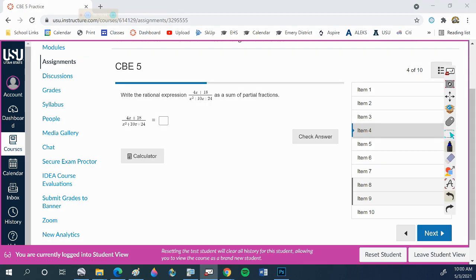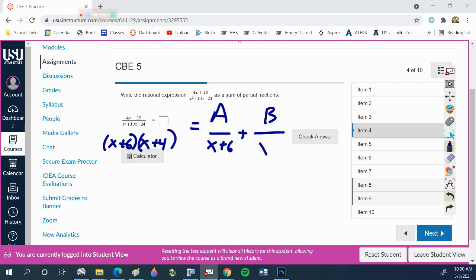Okay, so I factor the bottom, x plus 6 and x plus 4. So this is equal to a over x plus 6 and b over x plus 4. So the a needs an x plus 4 and the b needs an x plus 6.